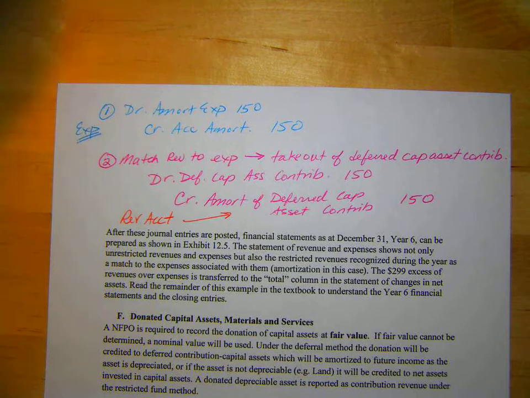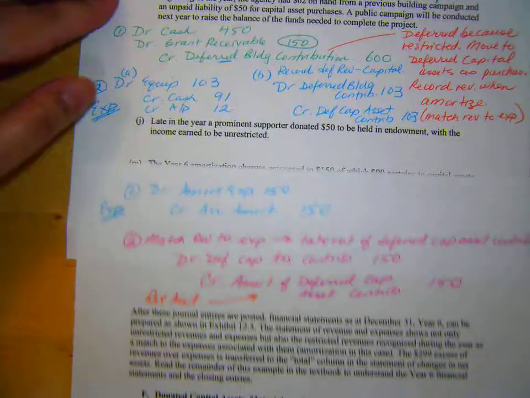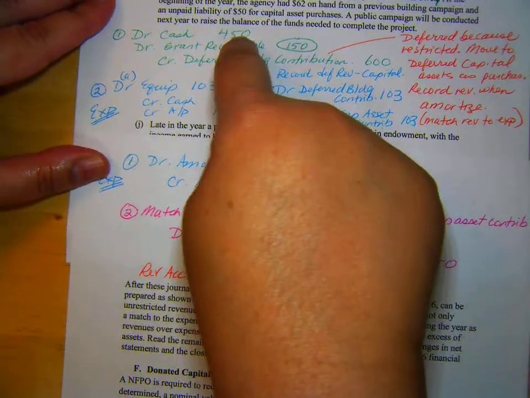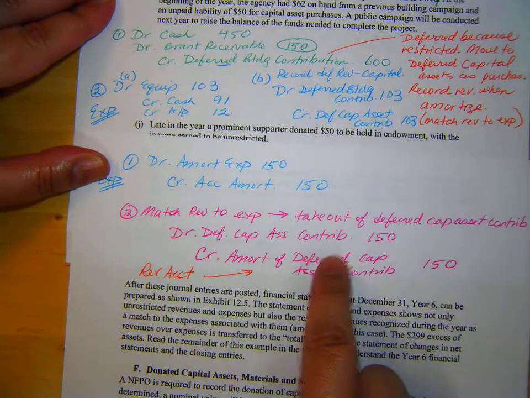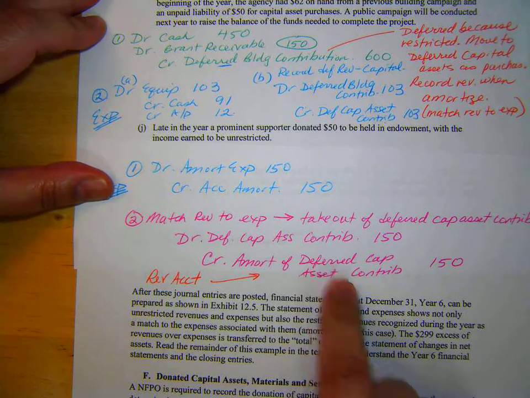Hello again. Okay, just in case I got cut off on the last video, I just want to finish the last thing I was saying. In real life, do we actually do this transaction, then this transaction, then this transaction, and use these account names?